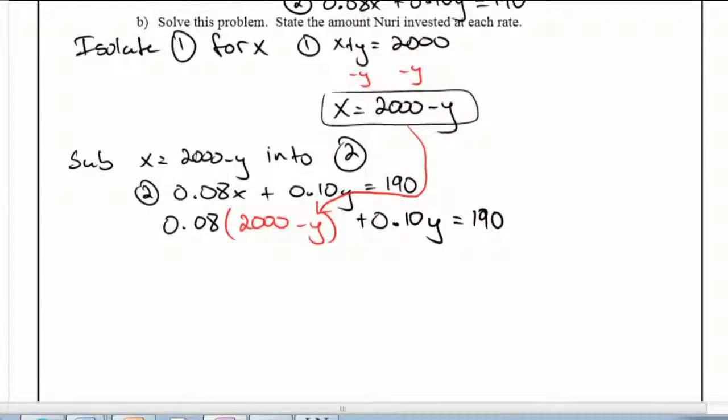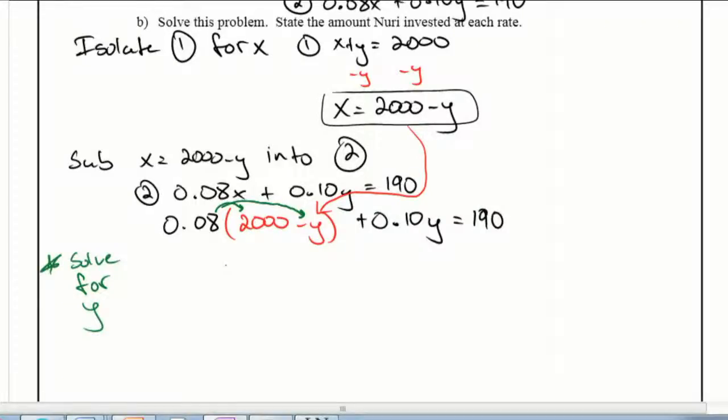The next step here is, if you'll notice, I have a y and a y. The only variable I have is y. So we want to solve for y. We're going to take this 0.08, we're going to distribute it through the brackets. 0.08 times 2,000 is the first thing we're doing here. 8 times 2 is 16, so I'm making sure I get all my decimals in the right place.